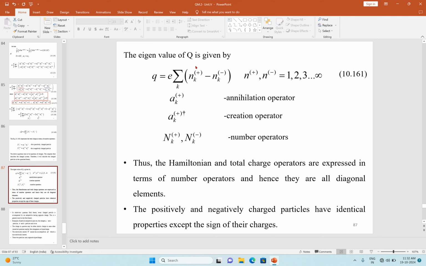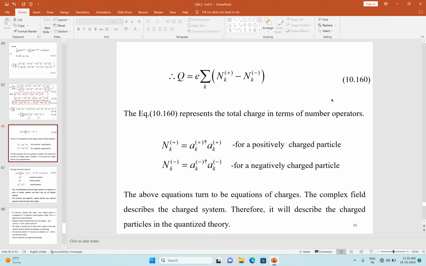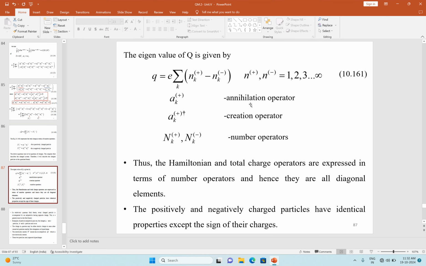Now, the eigenvalue of Q, the total charge of the system, is given by Q equals e times the number operators. Instead of capital N plus, you can write small n plus, so there are numbers.